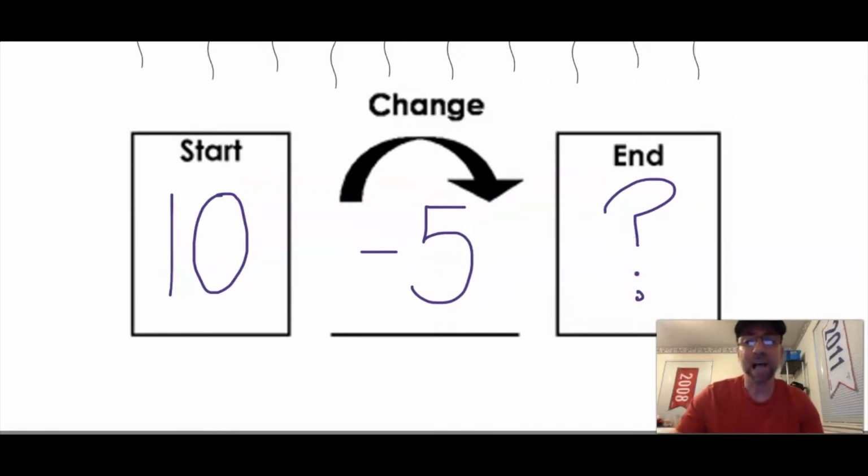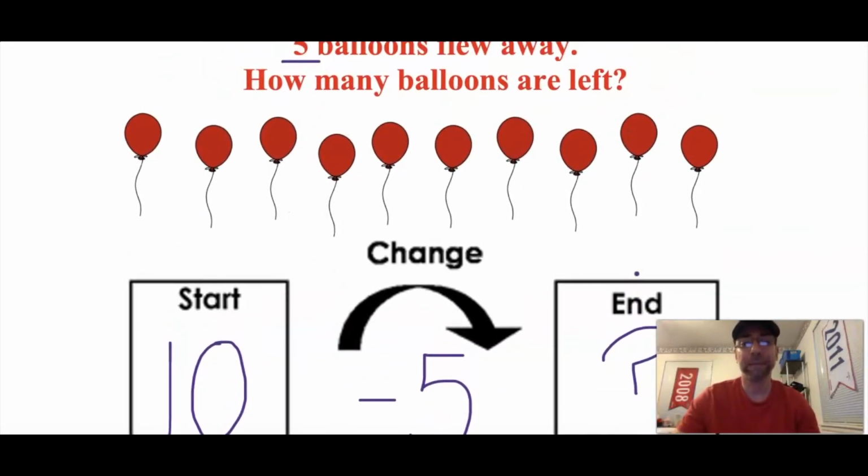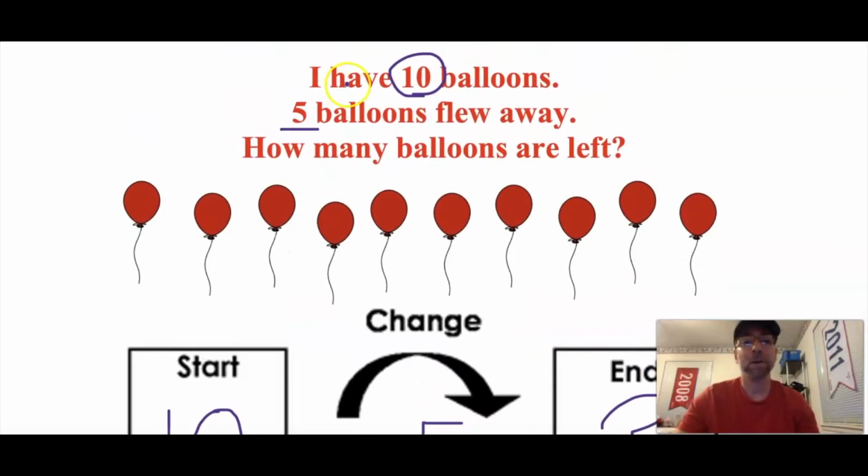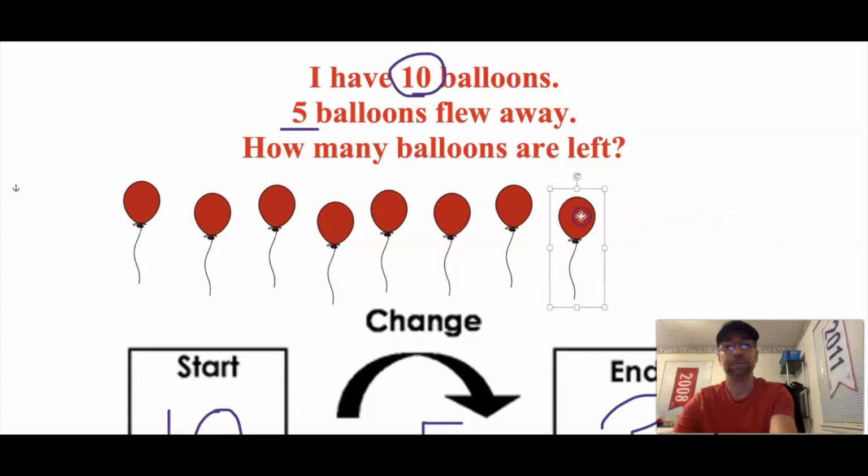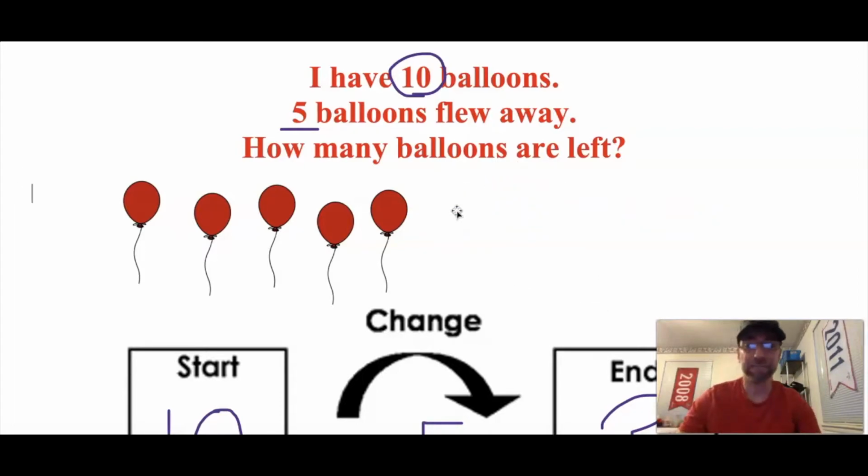Now I'm going to solve this problem first with a picture. Here are my 10 balloons that I started with. 1, 2, 3, 4, 5, 6, 7, 8, 9, 10. 5 balloons flew away. 1, 2, 3, 4, 5.